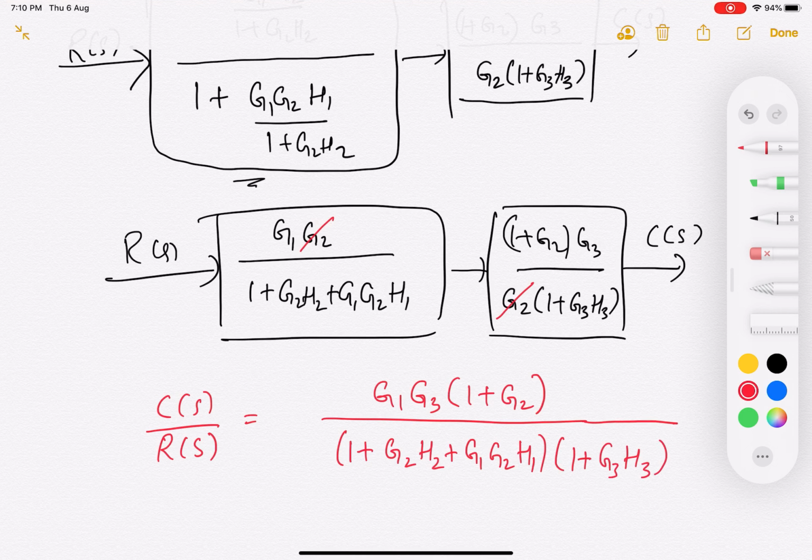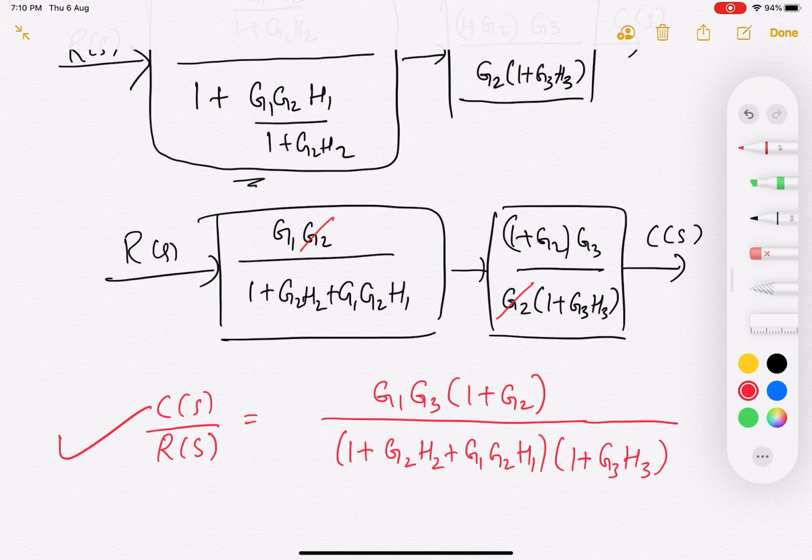So this is the final transfer function. Let me check whether what we have done is correct. Okay, G1 G3 into 1 plus G2, divided by 1 plus G3 H3 into 1 plus G2 H2 plus G1 G2 H1. So this is the transfer function.